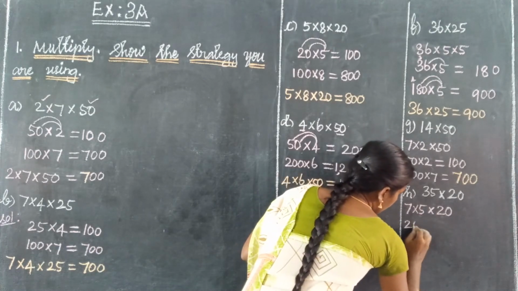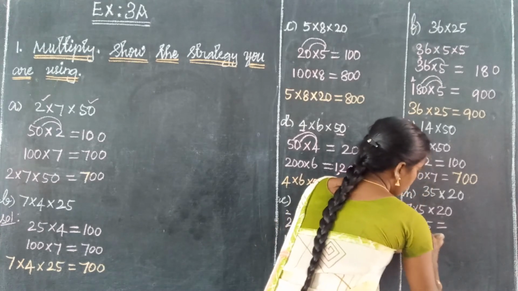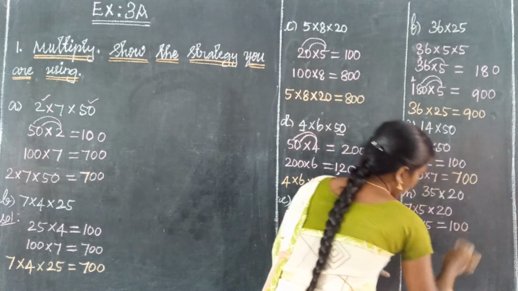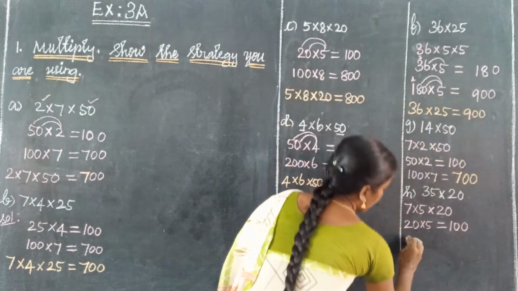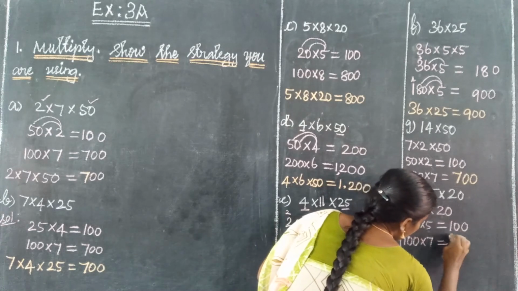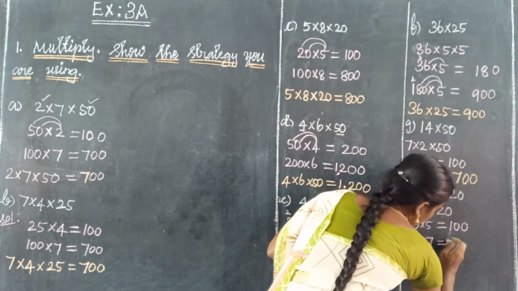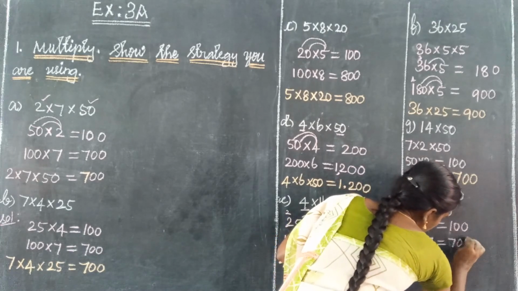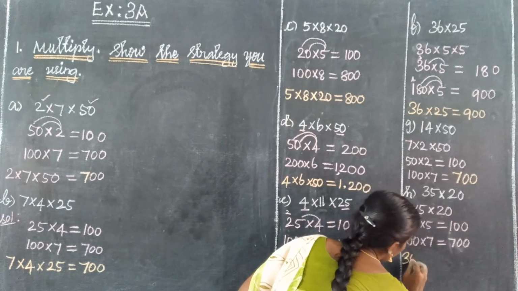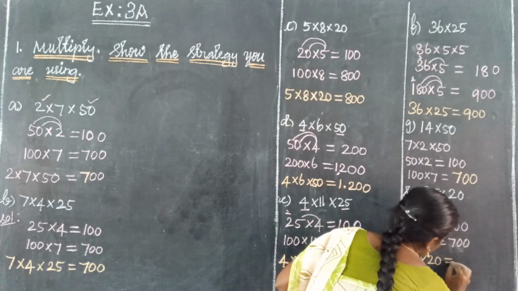So 20 into 5 is equal to 100, and the third one is 7. So 100 into 7 is equal to 700. This is also 35 into 20, equal to 700.